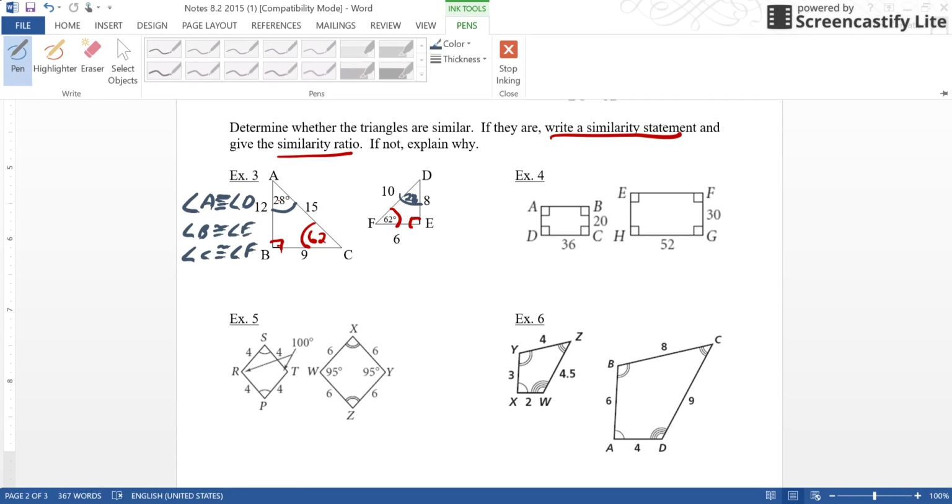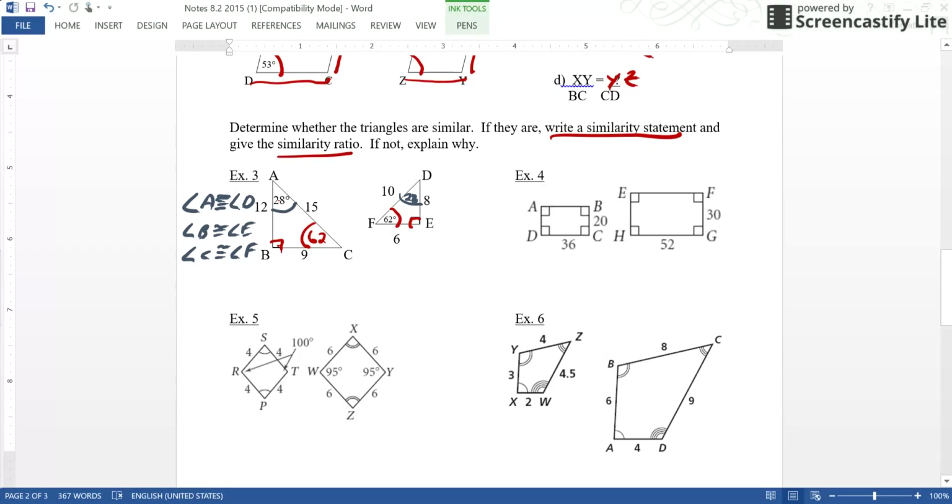So let's get a different color here. All right, so I'm going to look at these sides. So here's my small side, my medium, and my large. Here's my small, medium, and large sides.